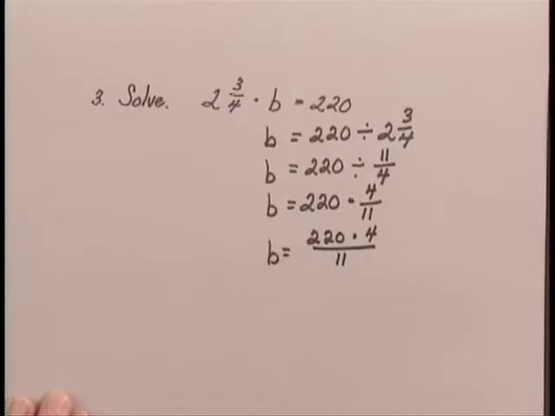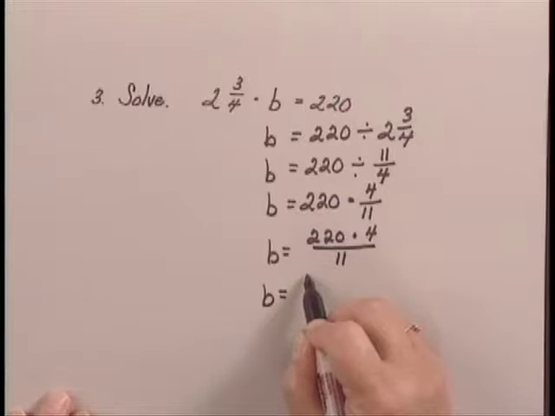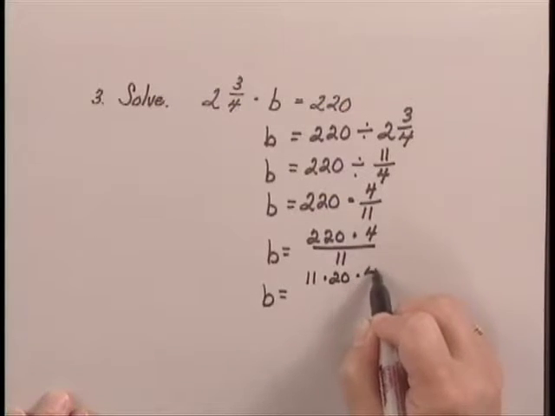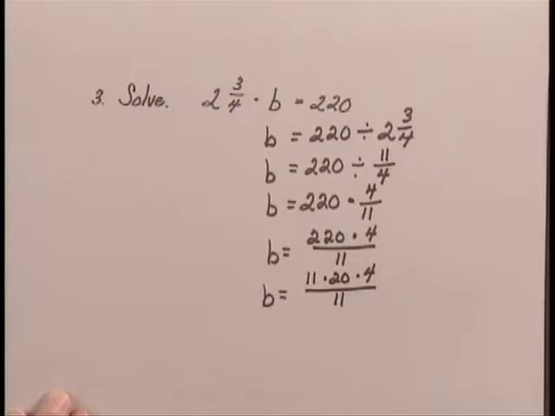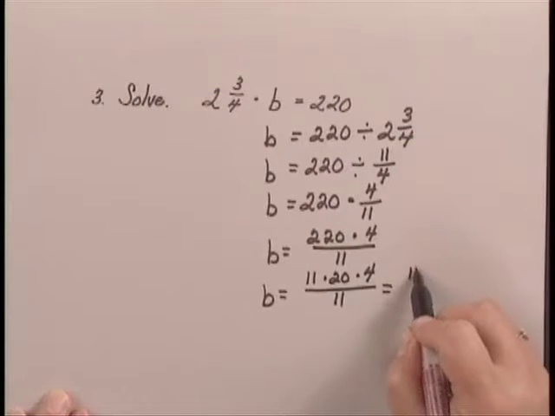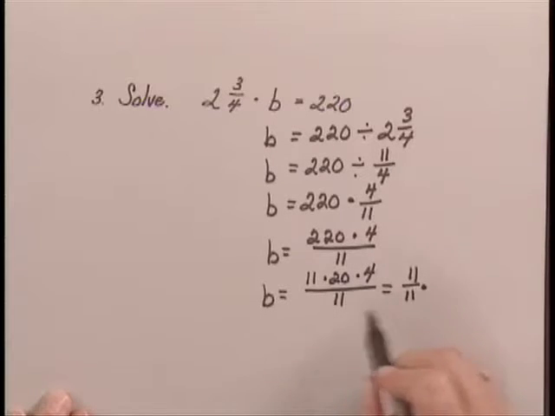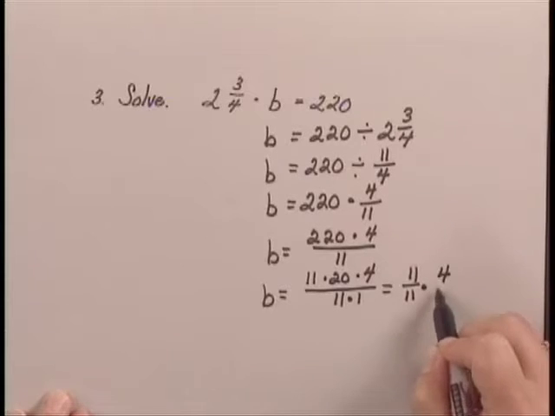Now we try to simplify. 220 times 4/11, factoring 220, I see that there's a factor of 11 in 220. So I write 220 as 11 times 20, and then times 4 divided by 11, which is 11/11 times, now I move the 11 out of here so I can add a factor of 1 and write this as 4/1.